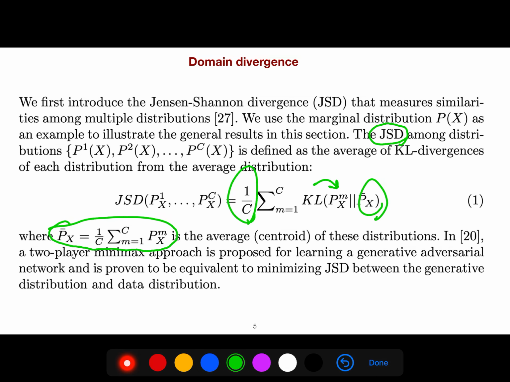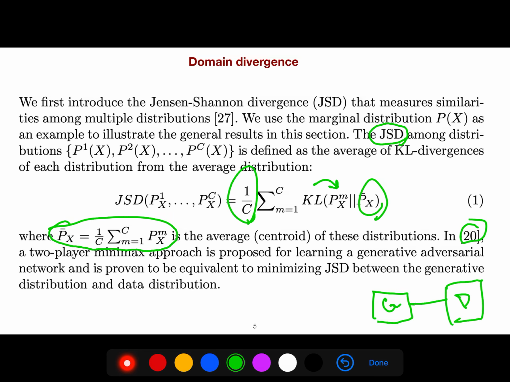A two-player minimax approach in this reference is proposed for learning a generative adversarial network and is proven to be equivalent to minimizing JSD between generative distribution and data distribution. So, in adversarial learning, we try to design G so as to fool the discriminator.